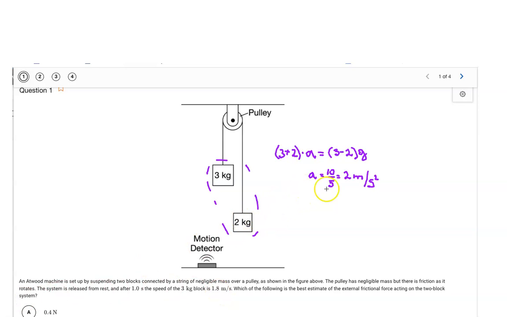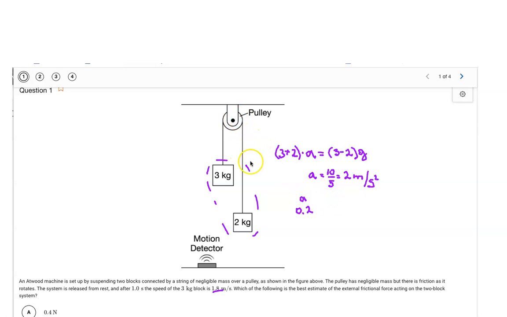So by how much is the acceleration reduced? It's by 0.2, right? 2 minus 1.8 is 0.2. So 0.2 meters per second squared, right? That's my acceleration that is due to the friction force.